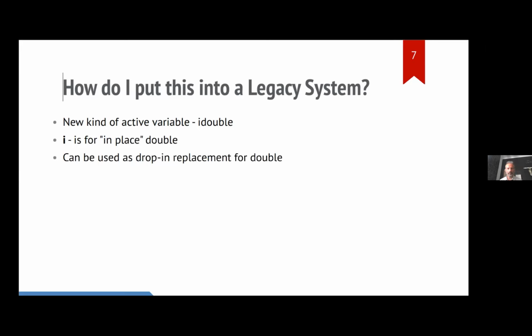I know you say that other active doubles also can be used as drop-in replacements, but it's actually not true, because once you use these active variables, you're already recording the tape. So you need to have a tape. With this, you can use the idouble as a standalone type, doing the same work double would do, and not record anything, not use any graph logic, and not use any AAD at this stage.